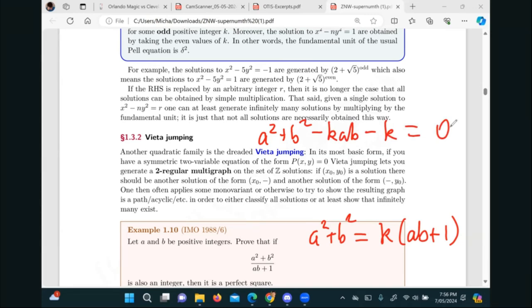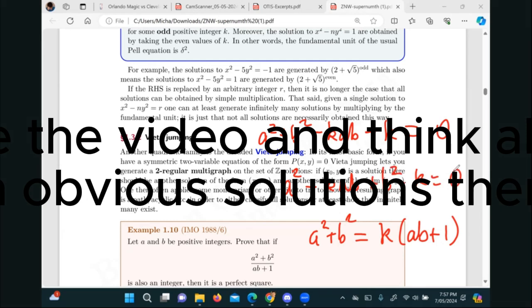We want to view this equation as some sort of quadratic equation. If you have one variable, a squared minus kab plus b squared minus k equals 0, that's a quadratic equation in a.